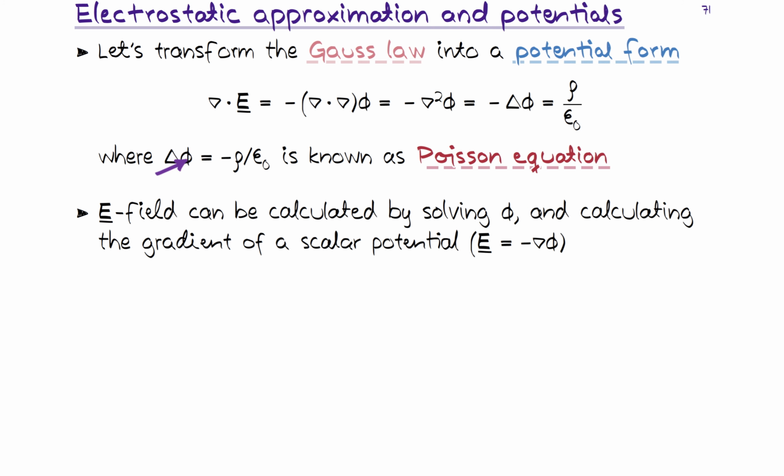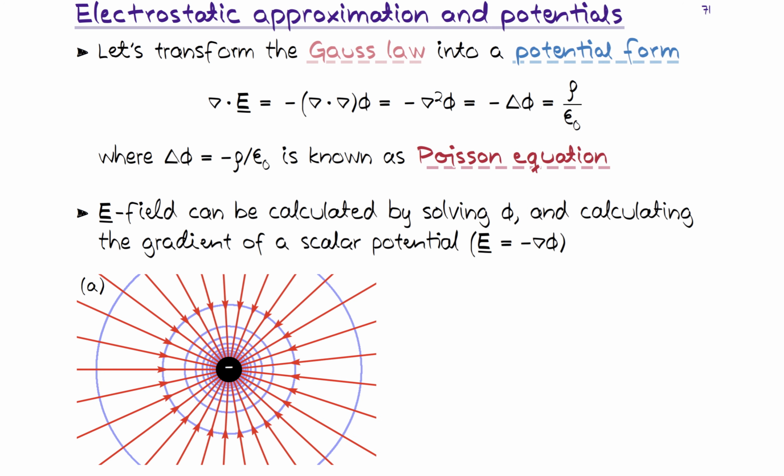So we can start with phi and solve the Poisson equation, and when we have done that, we know what phi is, what the scalar function is, and if we want to know the E field, we can simply calculate the gradient, and then we get the E field. So this is one way of solving these kinds of differential equations.